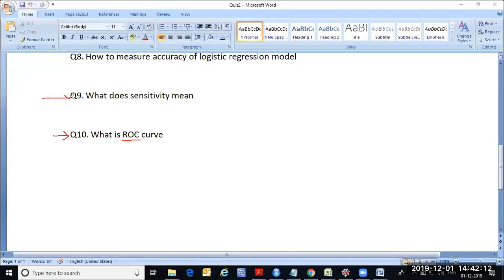So what does sensitivity mean? What is sensitivity? Sensitivity is also called as true positive rate or hit rate or recall. What exactly it tells us? What is the formula for sensitivity?